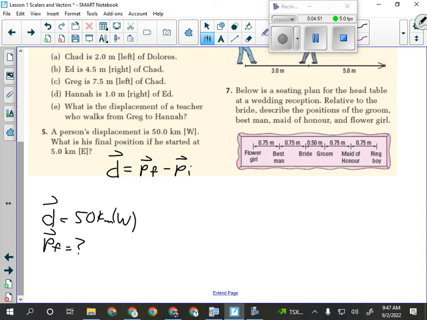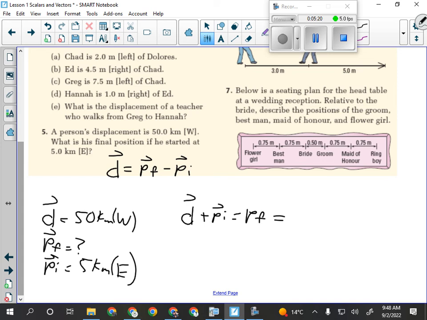They give me that their starting position is 5 kilometers east. So I have the initial position, I have the displacement, and I'm looking for the final position. So all I have to do is manipulate this formula by doing what with p_i? Adding it over to the other side. All right, so I'm going to take my displacement and add my initial position, and that's going to give me my final position, right?